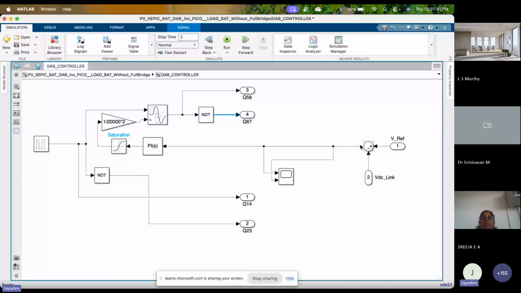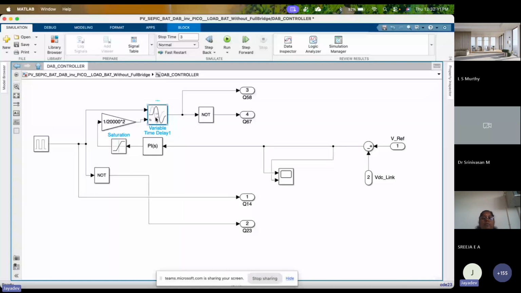From the PI controller, it will generate the reference of phase shift, and that is converted into the equivalent time, which is then fed to the variable time delay.